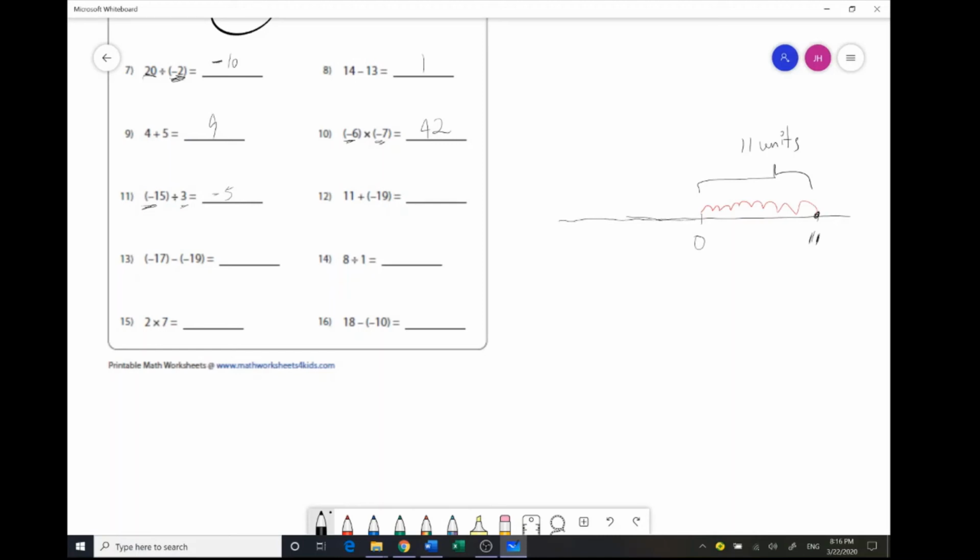Okay, now let's continue with the number line. Because from 11 to 0, there are only 11 units. And I have to move what? 19 units to the left. So meaning there are 8 more units to go on from here. 1, 2, 3, 4, 5, 6, 7, 8.